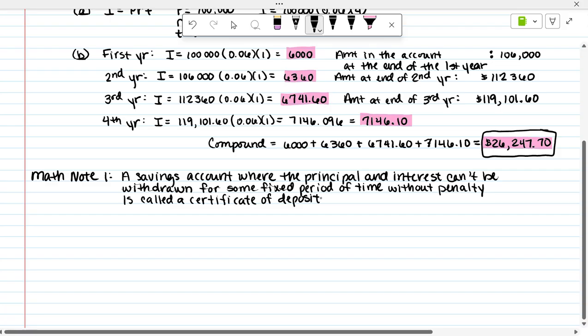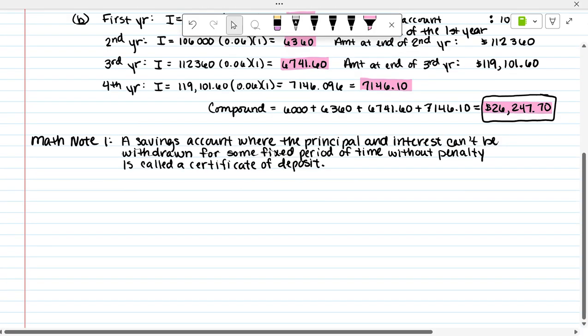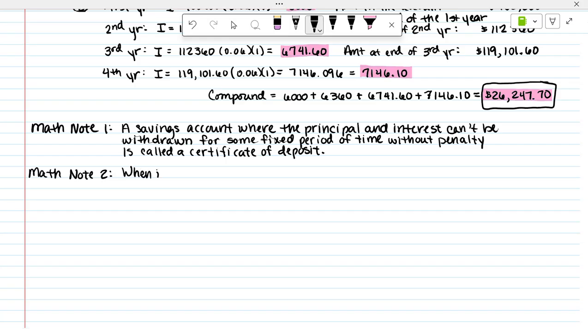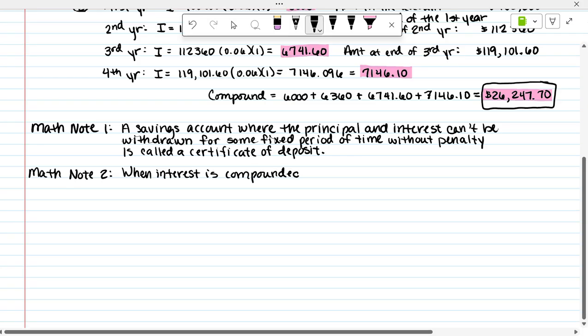Okay. And then our other math note, you may need that for a vocabulary question. You know, lots of times they do like to throw those in there. The second math note, you do need to work your homework problems here. When interest is compounded yearly, and they'll use the word yearly, n will equal 1.